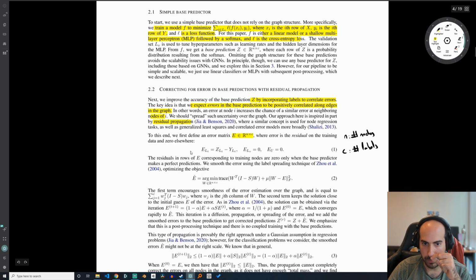All right, so we basically take this residual error, and so what's Z? So we improve the accuracy of the base prediction Z. Okay, yeah, so the base prediction Z_lt minus Y_lt. Okay, interesting. And then what's E of lv?